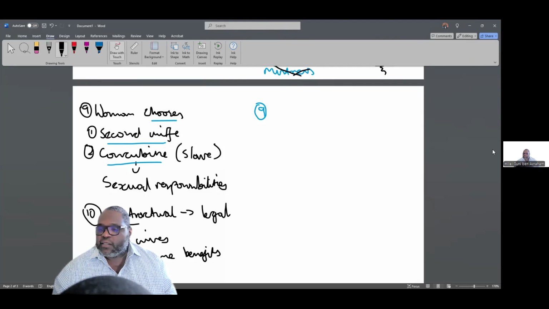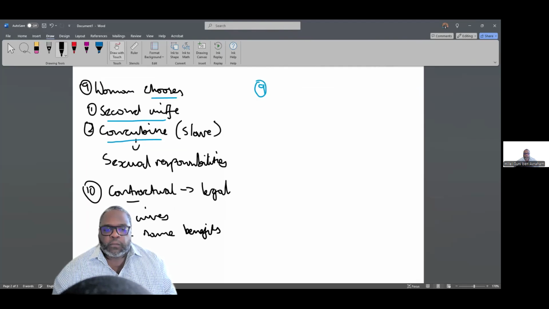What are these same benefits? For example, equal finances.